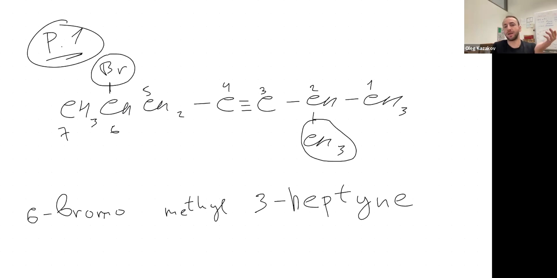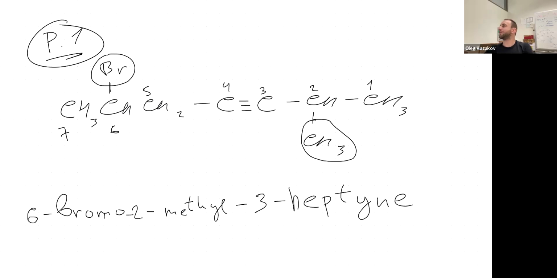Finally, methyl is located on carbon number 2, so consequently we'll have 2-methyl. So 6-bromo, with dashes where they are needed, 2-methyl, dash 3-heptyne. So that's it. We have our big alkyne right there.